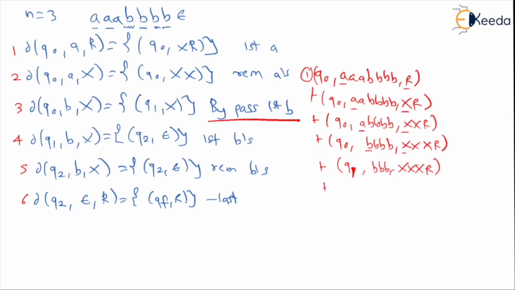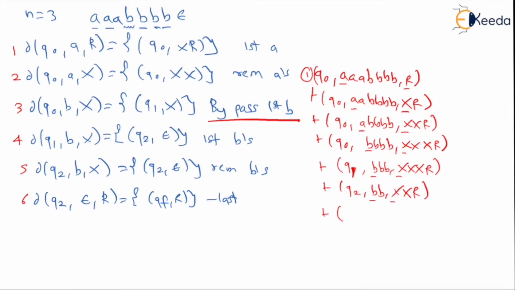Further, q1 on receiving b when the stack top is x, first time pop operation will be done, that will be done using my rule 4, going to state q2, bb and xx are left on the stack. Then I'm in state q2, input b, stack top x.